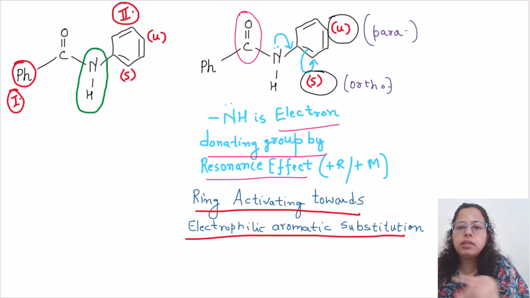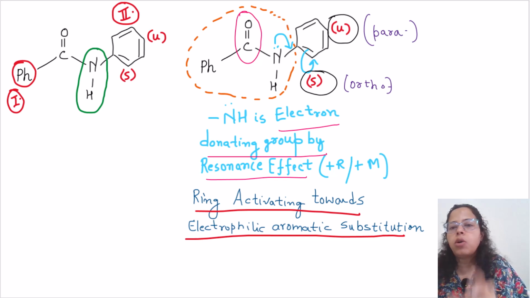If you see the position of the functional groups, you can see the ortho position is quite hindered. This big group is near to the ortho position, so the ortho position is a bit sterically hindered because it is near the NHCOPh groups.